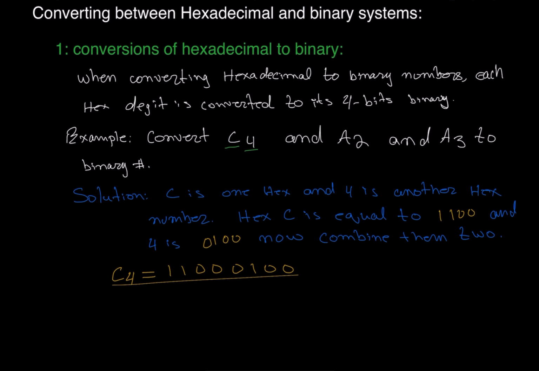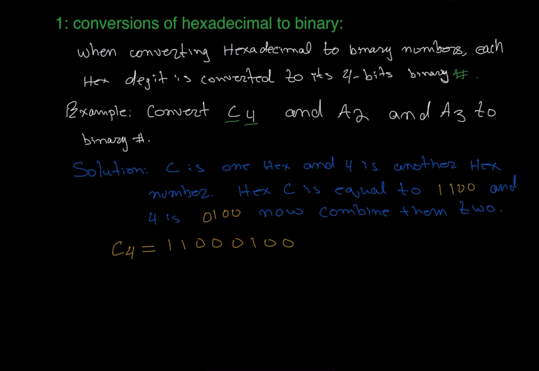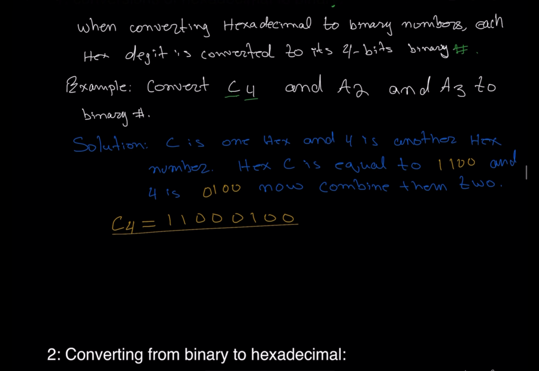Before we do that, let me repeat: when converting hexadecimal to binary numbers, each hex digit is converted to its 4-bit binary number. So what does that mean? C is converted to its binary representation, and whatever the binary representation of 4 is, we write that one as well.